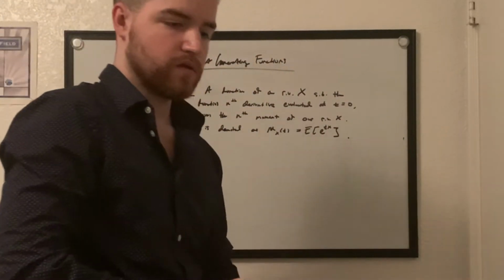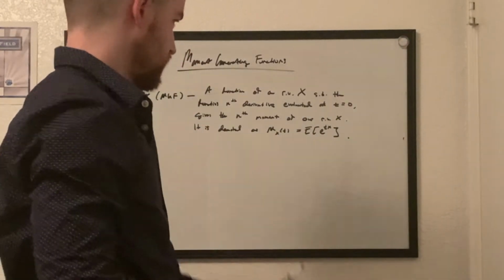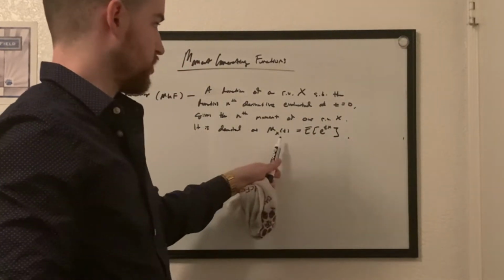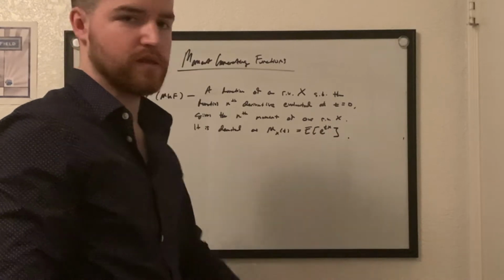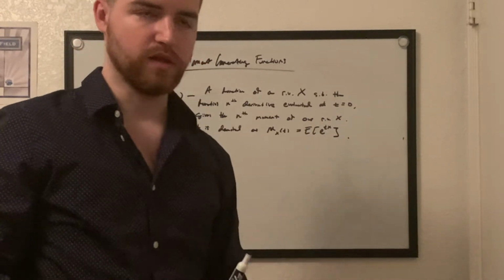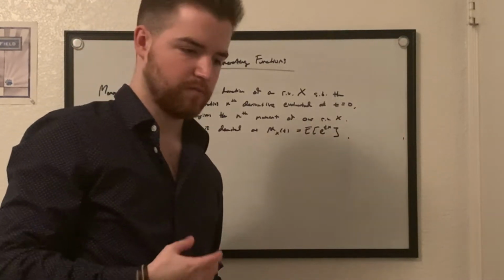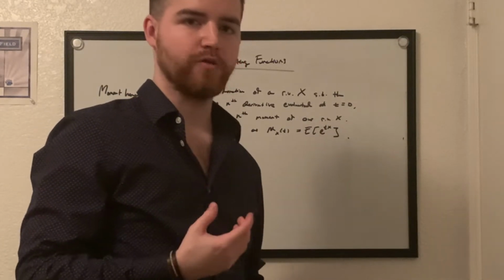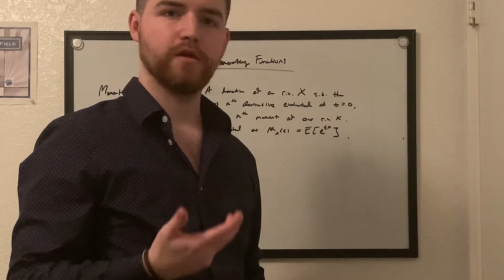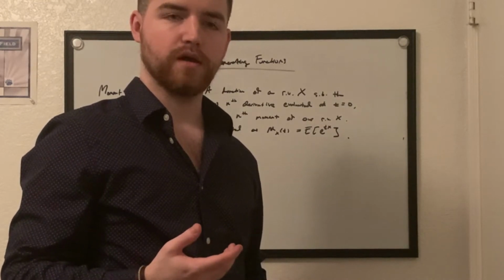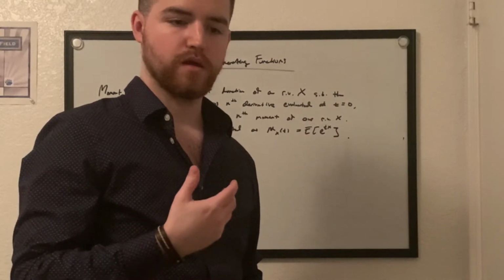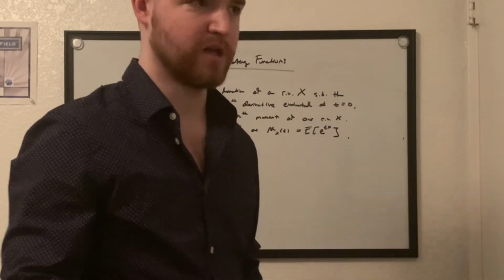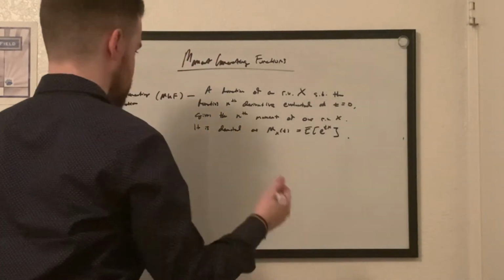So again, this moment generating function is equal to the expected value of e to the tx. The reason we use e to the tx is because we want to build a function that whenever we evaluate it at 0, it produces the moment of a random variable.